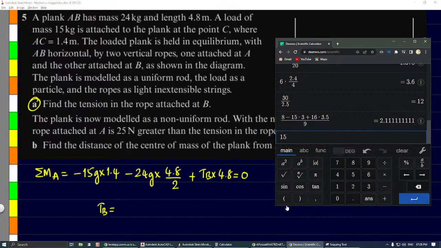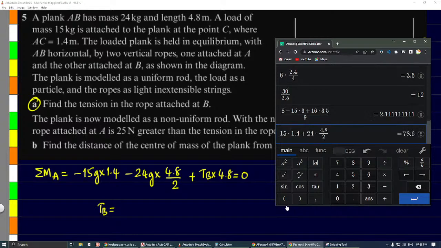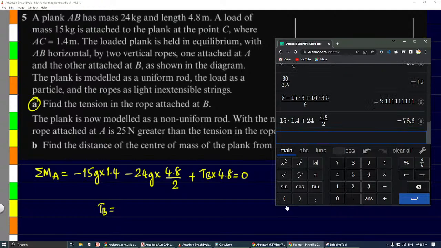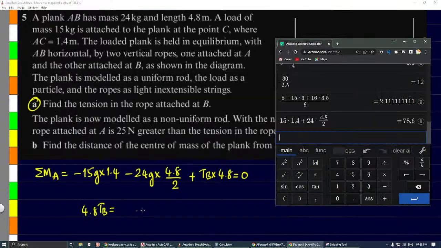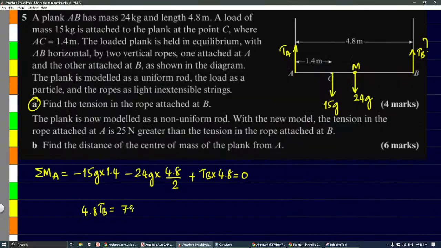So 15g value I'll keep as it is, except for g I will take all the other values. Both terms positive sent to the other side. So we will get here 4.8 TB equals 78.6 times g.